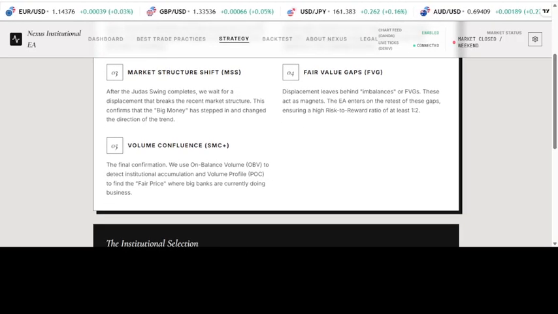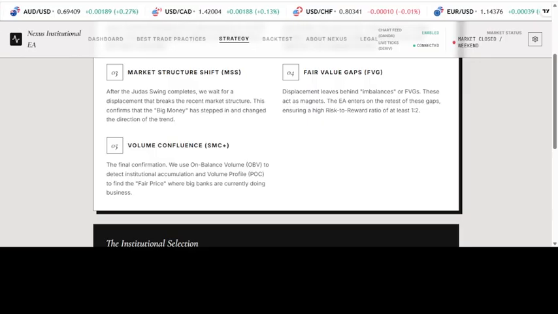And most importantly, there has to be volume confluence here. And this is the special feature that I've added that takes into account volume profile and on balance volume. So the engine looks for not only price fluctuations, but it's looking for the delta in the volume.